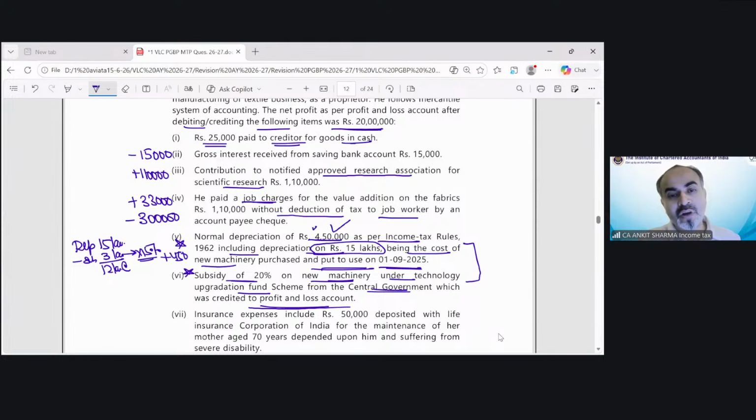That would be 45,000. So the one treatment is subsidy should not be the part of our business income. It needs to be reduced. Second, the subsidy should have been reduced from the asset value. And because we have claimed 4,50,000 in which depreciation on this 15 lakh has already been claimed, that is wrong. Out of this 15 lakh, the depreciation should be on only 12 lakh rupees. So on that 3 lakh, we have claimed depreciation. We need to add it back. So we have added back that 45,000 rupees depreciation in this case.